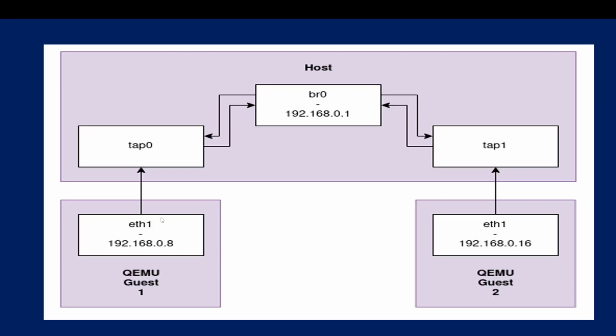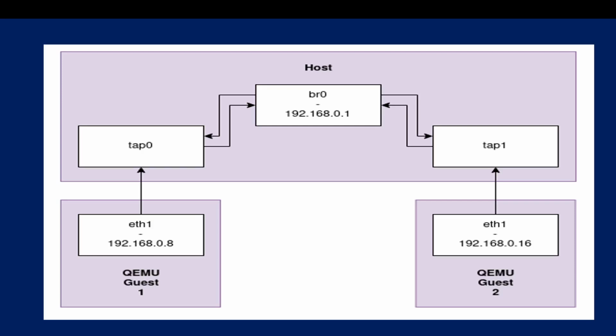The IP range should be in the same 192.168.0 series, like .8, .9, .15, so that they can connect to each other. This is all about how things work internally.